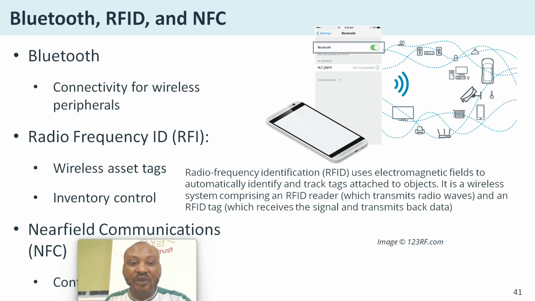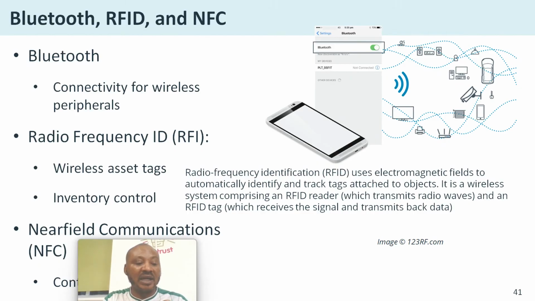Then we have what is called radio frequency ID. In most cases now, machines like POS machines, you can Google and check it, use what are called wireless access tags.